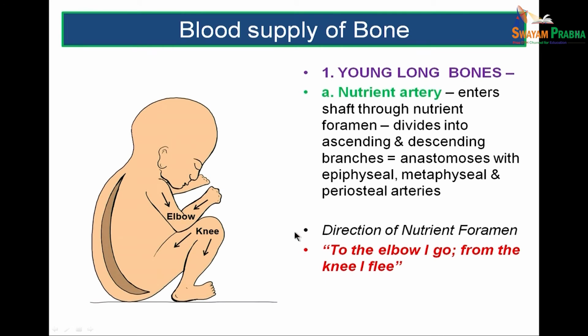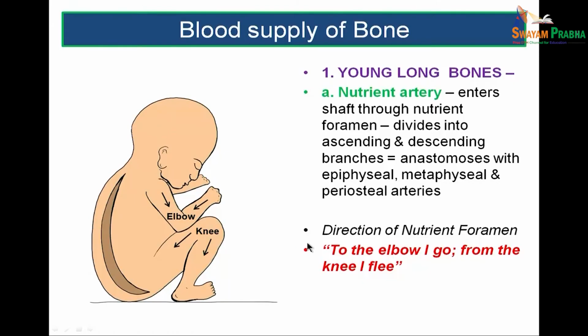To study the direction of the nutrient foramen and the nutrient vessels supplying bone, there is an easy mnemonic to remember. Towards the elbow I go, away from the knee I flee. What does this mean? So, if you look at the direction of the nutrient foramen, it is towards the elbow or away from the knee.